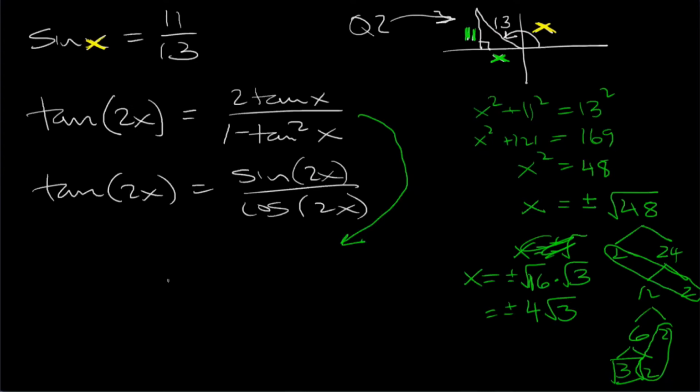I'd have 2 times tangent. And what is tangent of x going to be? Yes. So we're in quadrant 2. So it's negative x value because it's x. So in quadrant 2, x is negative.